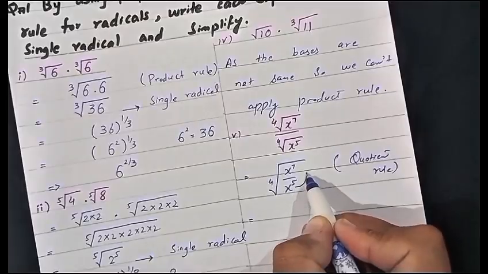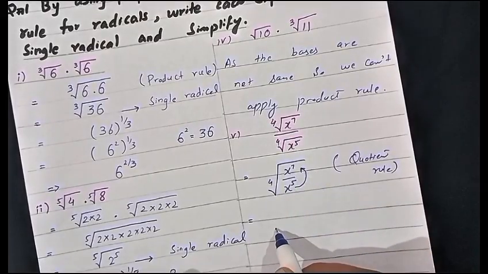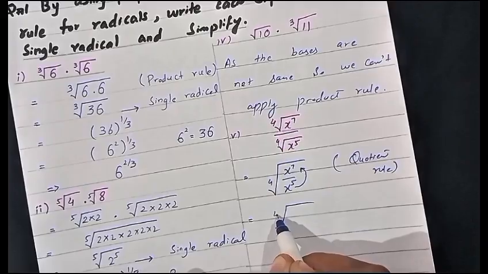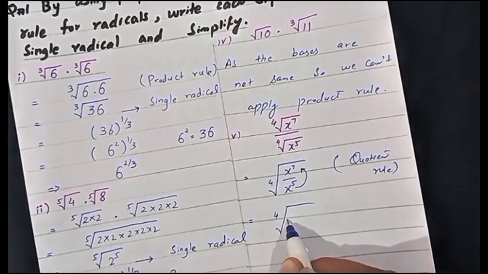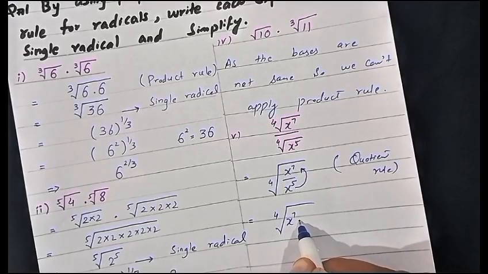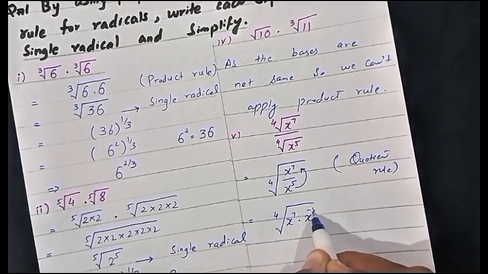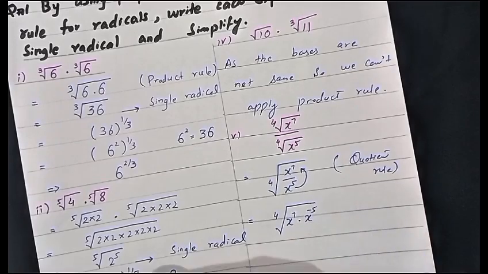Now we will combine both the radicands by writing the denominator radicand as numerator. When it becomes numerator, its power becomes negative, so that is x power 7 multiplied with x power minus 5.